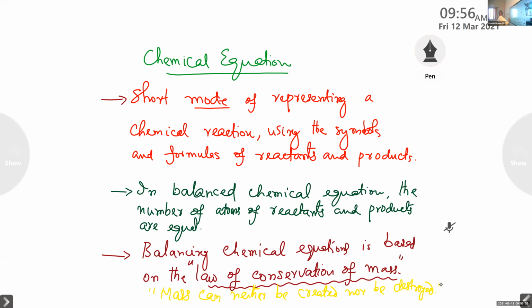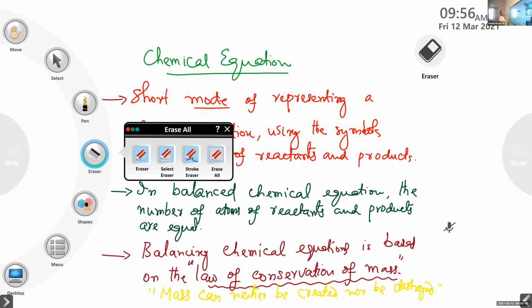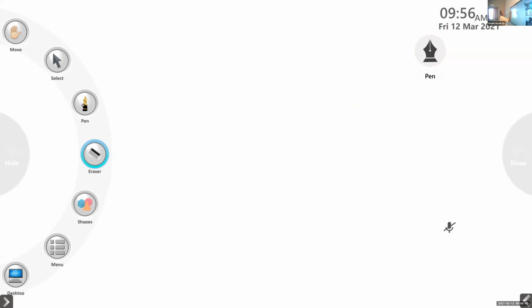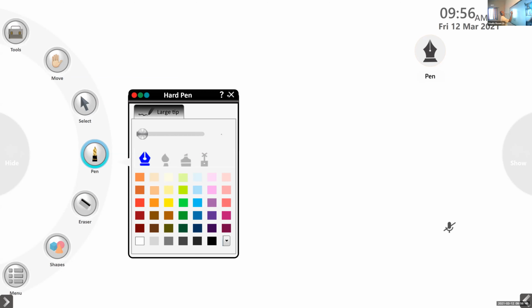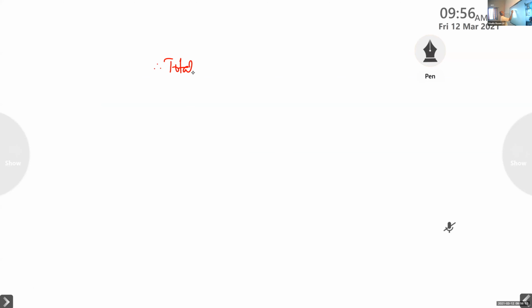So as a next step, according to this law, we can write: therefore, total mass of the reactants is equal to total mass of the products.